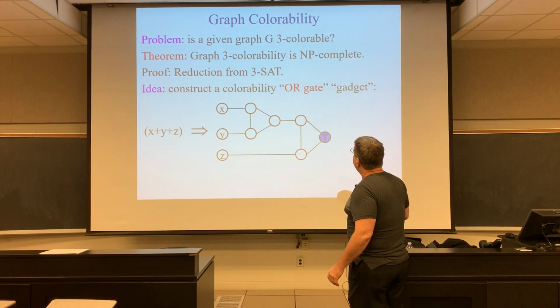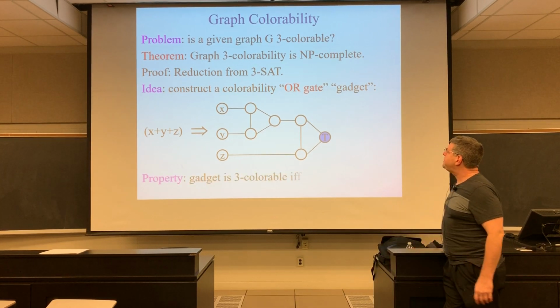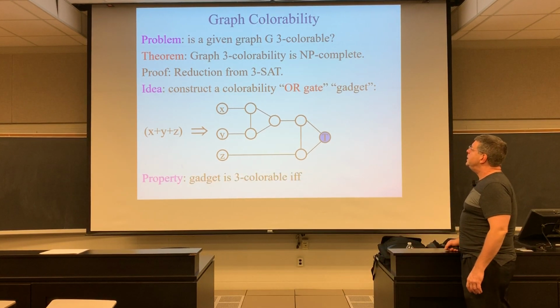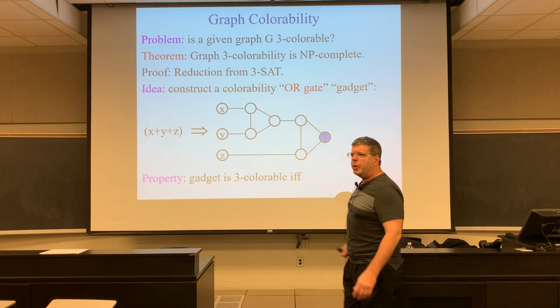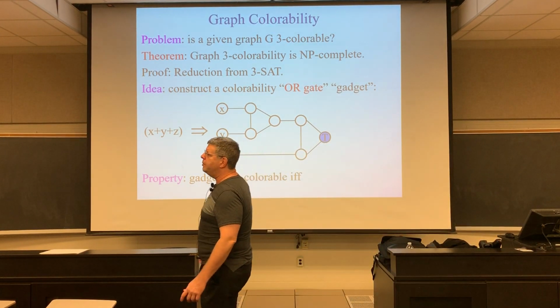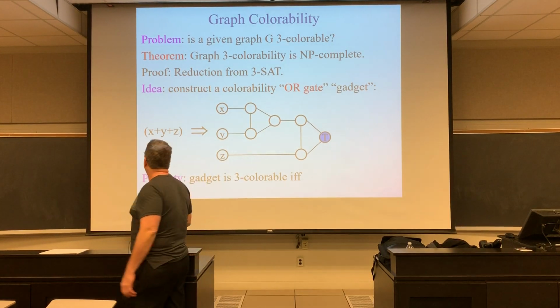But this whole contraption here will act as a big OR gate. We call it a gadget, because this is the historical name of what these kinds of pieces of graphs or sub-transformations are called: gadgets.